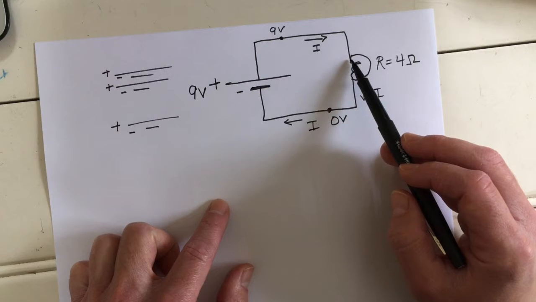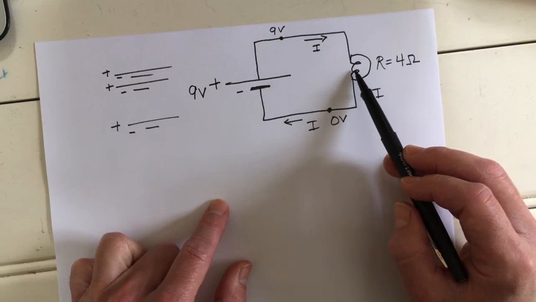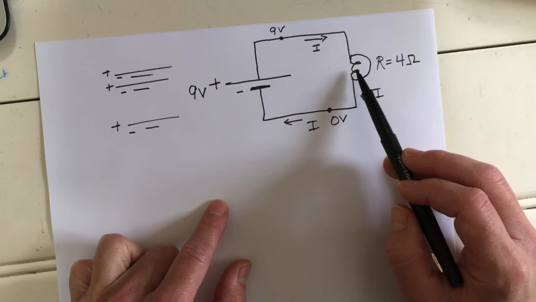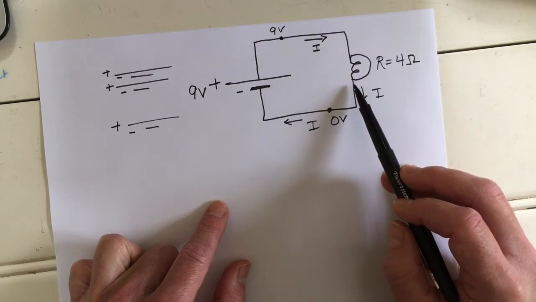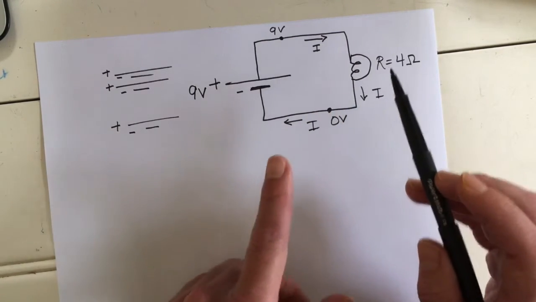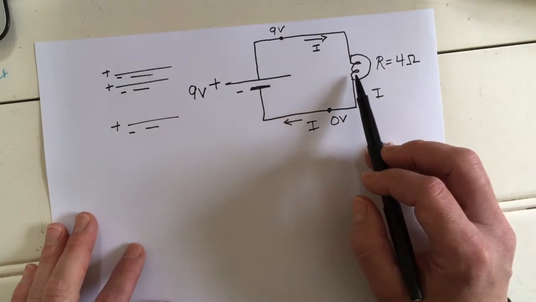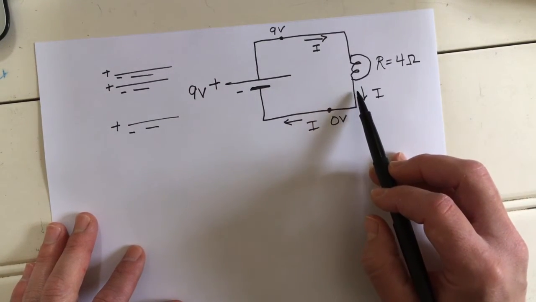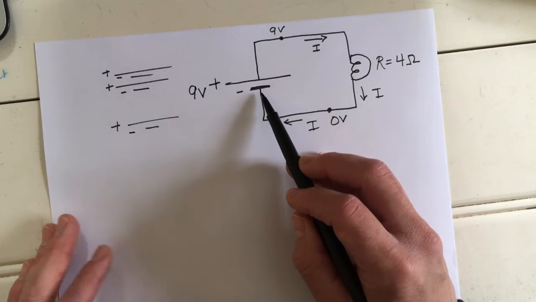And then hitting the filament of the bulb, running into the filament, which is a resistor, and causing heat, causing light, causing the light bulb to light up. And then the electrons or the charge, I got to clarify which one. This is actually going to be positive charge we're talking about. The charge then moves on past the bulb and then moves back to here.